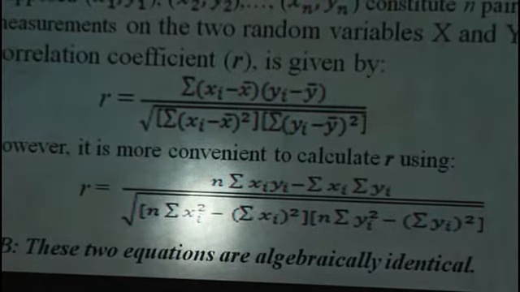Then the second formula, which is r equal to n sigma xi yi minus sigma xi times sigma yi, all divided by the square root of n sigma xi squared minus (sigma xi) all squared, times n sigma yi squared minus (sigma yi) all squared.